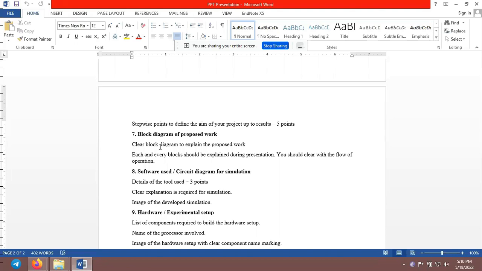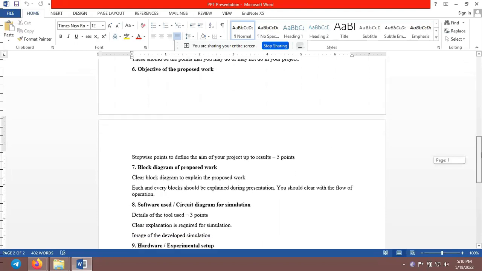That is very important. If you have drawn a flow chart, this is a flow, right? You should start from the initial point and conclude with the final point.